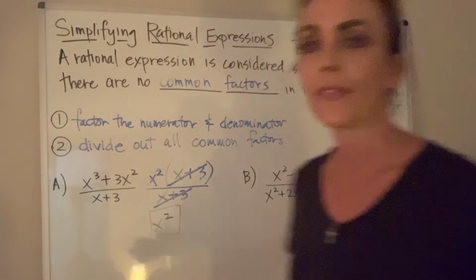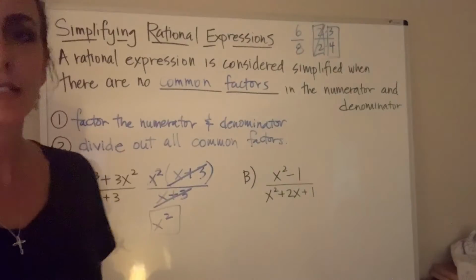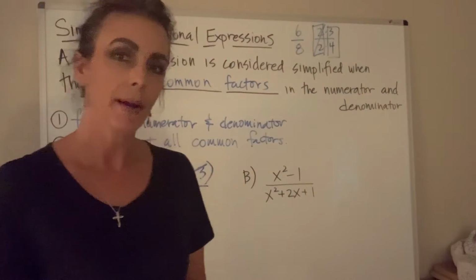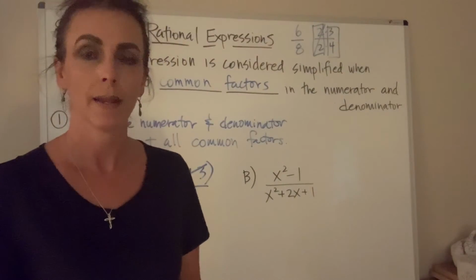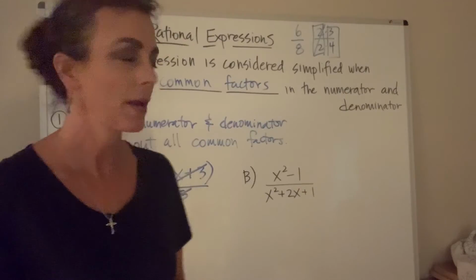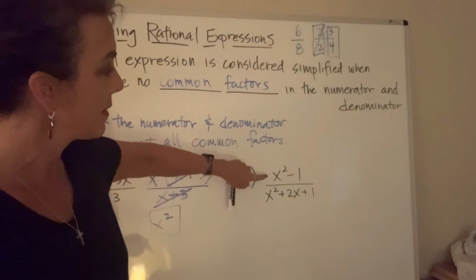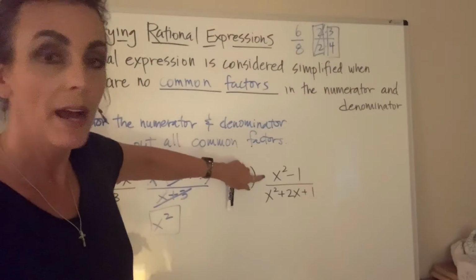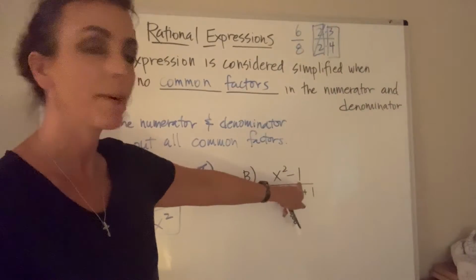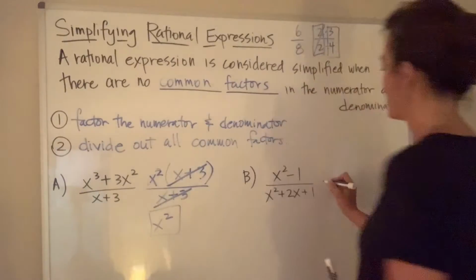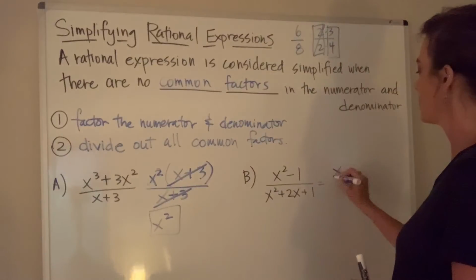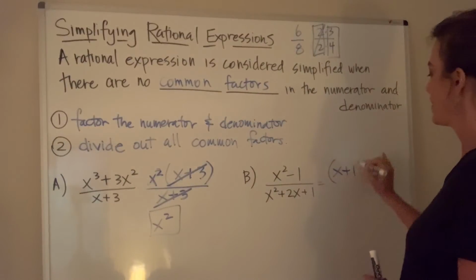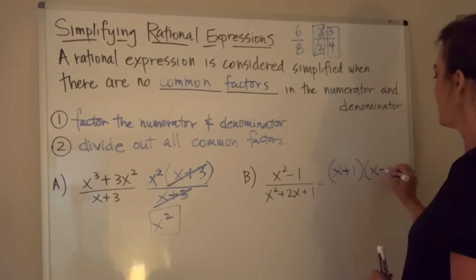Now if I'm looking at the second example over here, x squared minus 1 divided by x squared plus 2x plus 1, I'm going to have to factor both. Okay, so remember that this thing is a difference of squares. I've got a perfect square and a perfect square, and that's going to factor into x plus 1 times x minus 1.